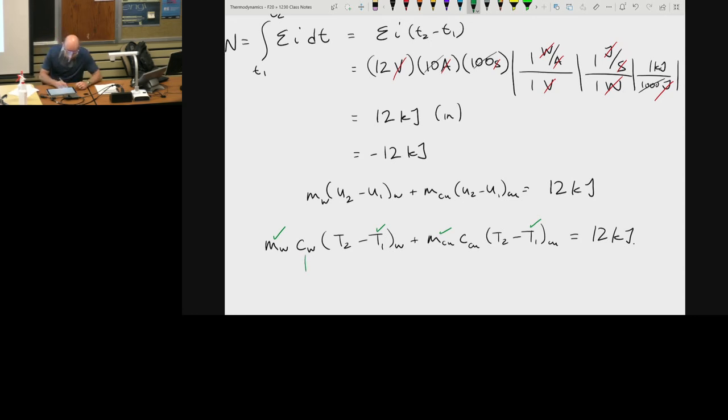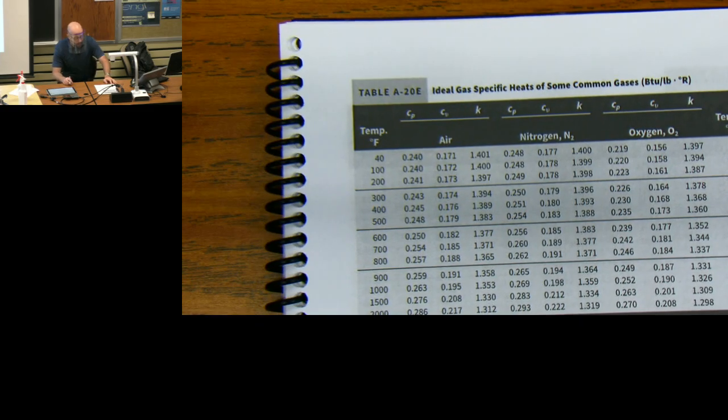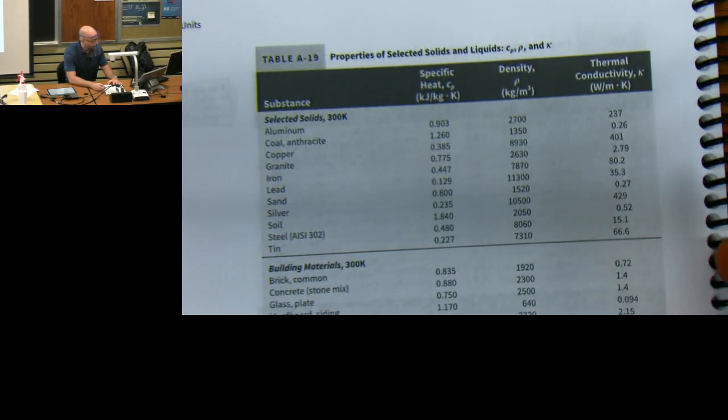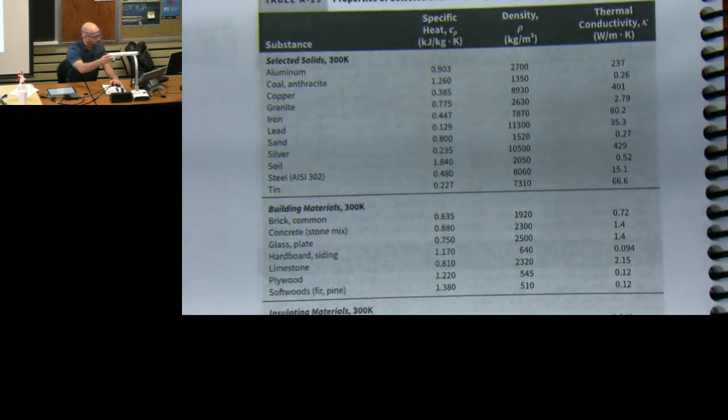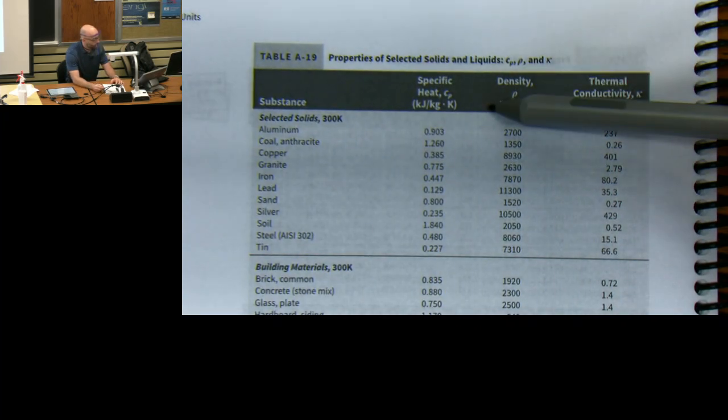I just need to find out what my specific heats are for copper and water. So I'll pull out my handy-dandy appendices, and I'll go to table A19. We're doing SI, so A19, not A19E. This is the table that provides all of the information for solids, properties of selected solids.